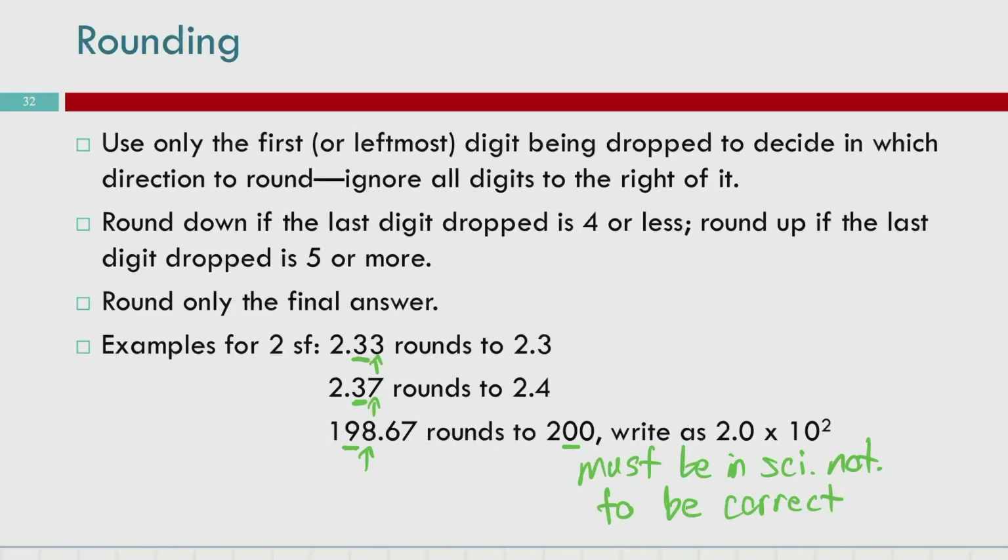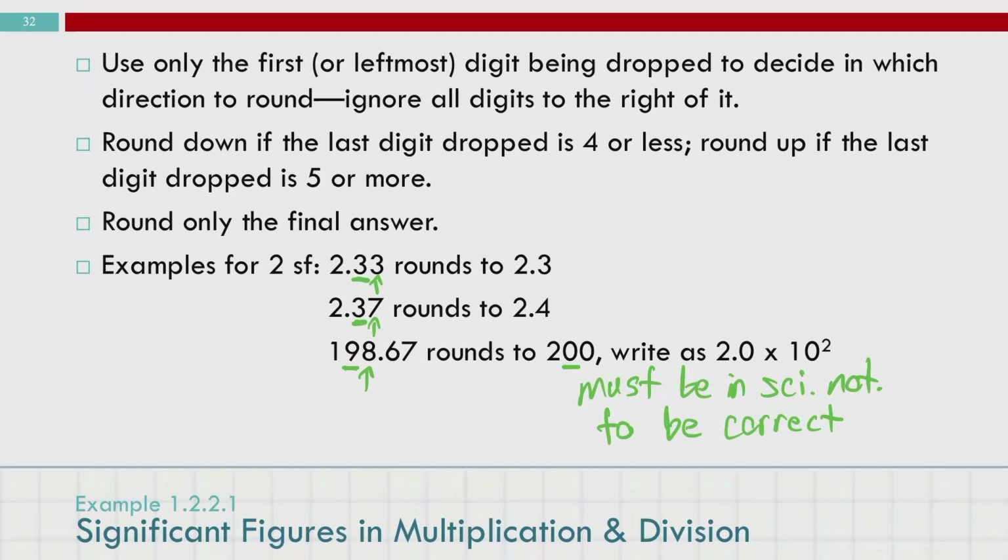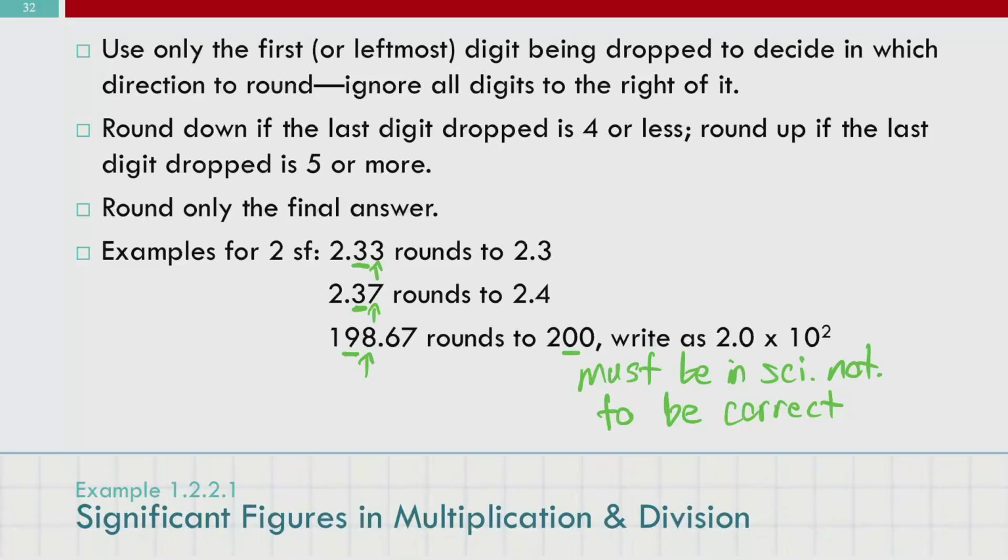If you just write 200 there, you're losing at least half a point. Half a point is the typical penalty for wrong significant figures per occurrence, up to a limit.